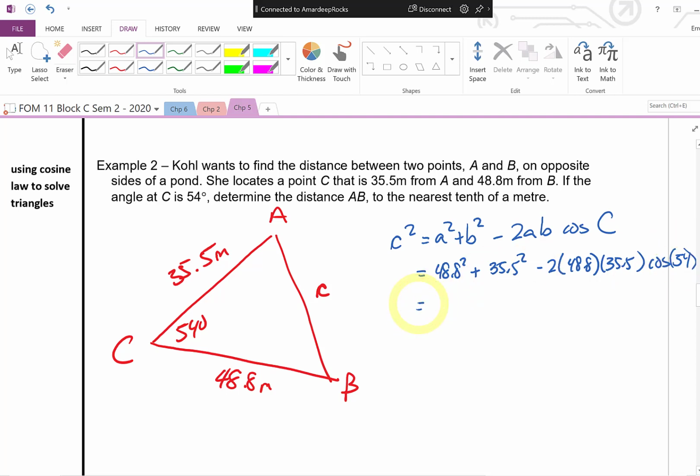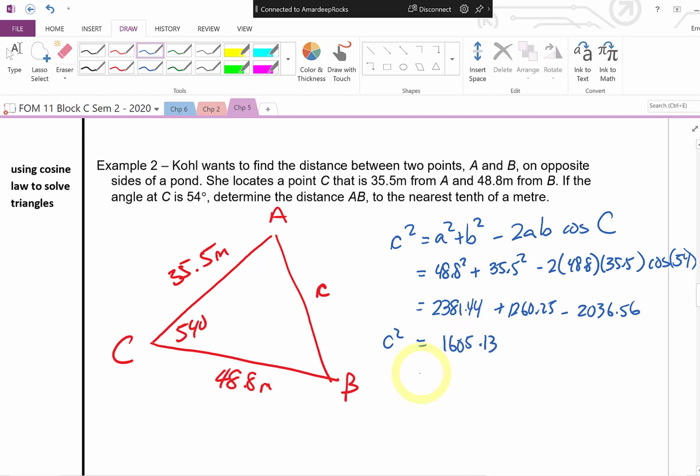All right. I'm not going to show you how to use the calculator. I'm assuming that everybody has a scientific calculator. This is going to be 2381.44 plus 1260.25 minus 2036.56. This all works out to c squared is equal to 1605.13.